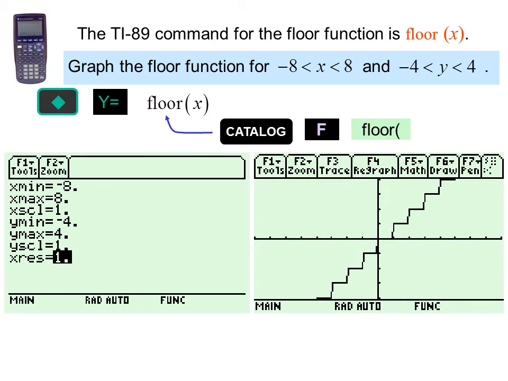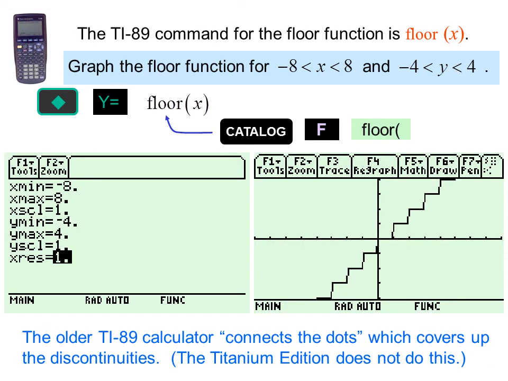And then draw the graph. Now we notice something about the graph, at least if we have the older TI-89, that is the black one. The older TI-89 calculator connects the dots, which covers up the discontinuities. The titanium edition is a little bit smarter and does not do this.